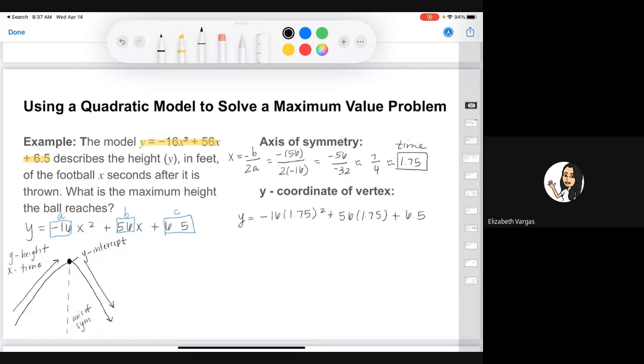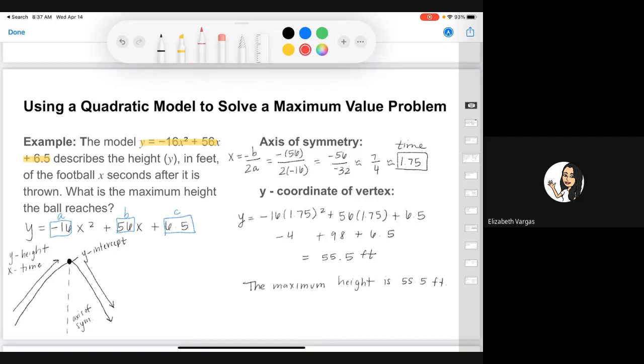Okay, so I'm plugging that in, putting this into my calculator, adding all those together, and what I get is it's equal to 55.5 feet. So this is telling me that my maximum height is 55.5 feet.